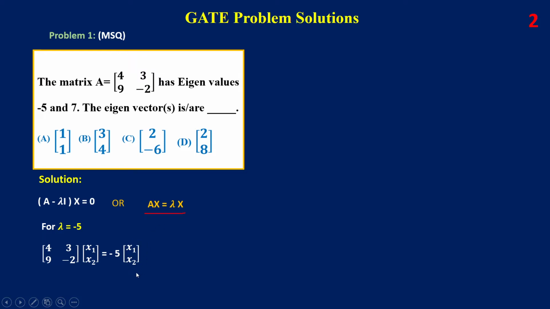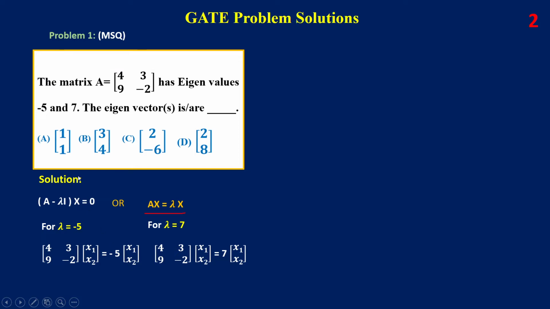This is for lambda equal to -5. If we put lambda equal to 7, the other eigenvalue, the formulation will be the matrix 4, 3, 9, -2 times x1, x2 equal to 7 times x1, x2. This is the formulation for lambda equal to 7.